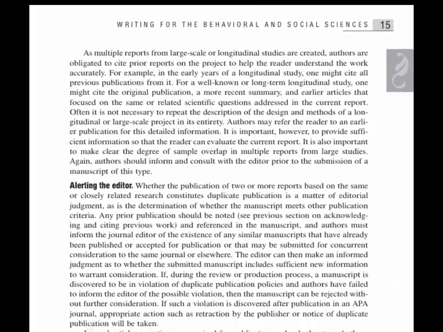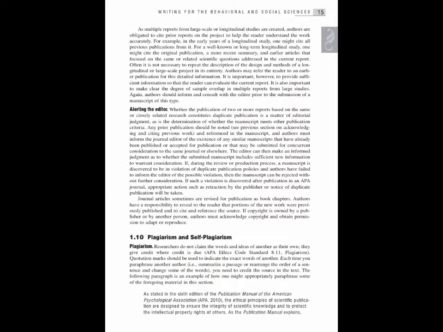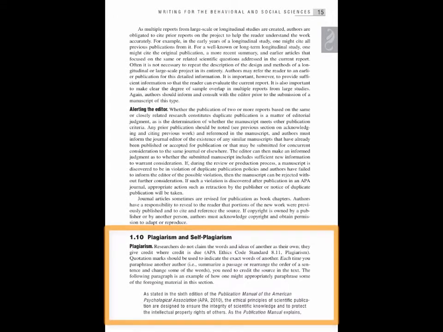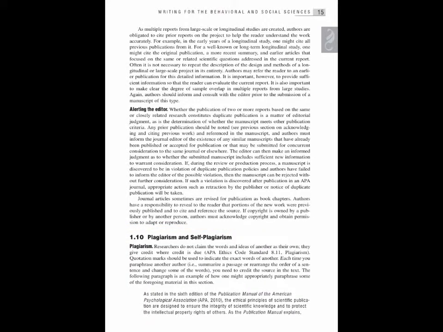The APA manual also provides some very important guidelines on how to avoid trouble in terms of ethics. Section 1.10 on page 15 addresses the concepts of plagiarism and self-plagiarism. You will learn during your program of study how to cite and attribute information to authors who have written work that might influence your own ideas.